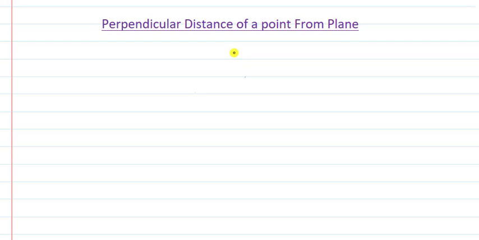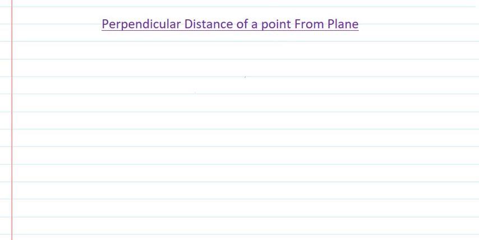There is only one formula that is to be used directly to find out distance of a point from plane. Let me discuss this formula, and after looking at this formula, you will come to know and you will recall that you have studied this type of formula in your 11th class also in the topic straight lines.